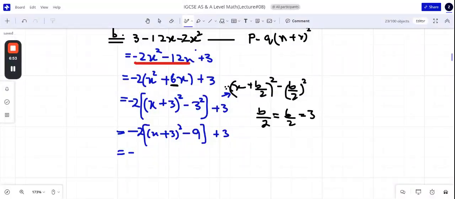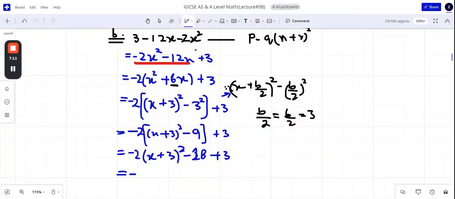After that we have to multiply the minus 2 with what is inside the bracket, means we need to expand it. Expand means multiply the outside value with the inside of the bracket. So it would be minus 2 into x plus 3 whole square minus 2 times 9, it would be 18, then plus 3.